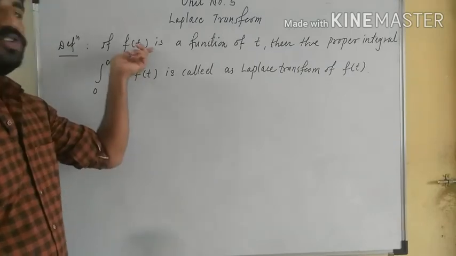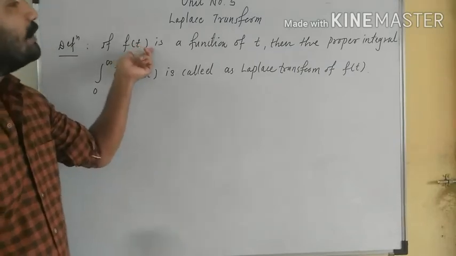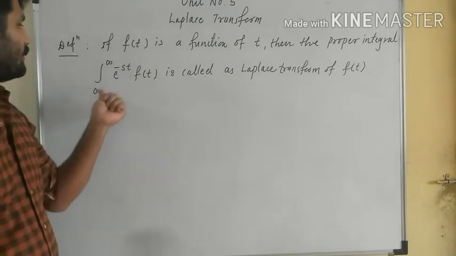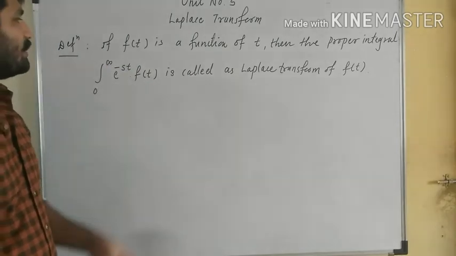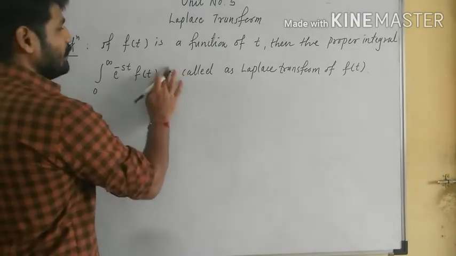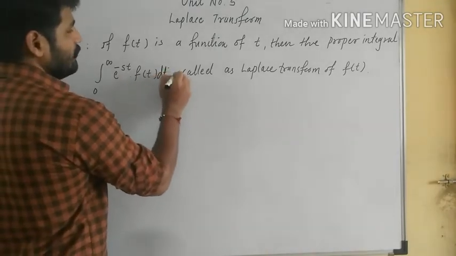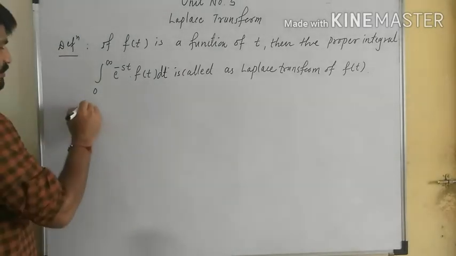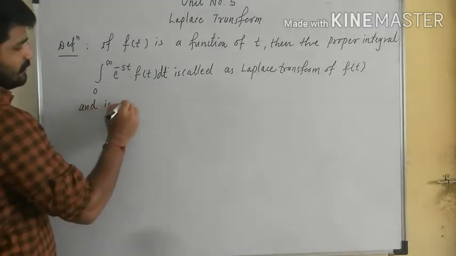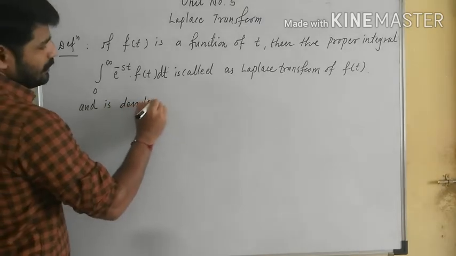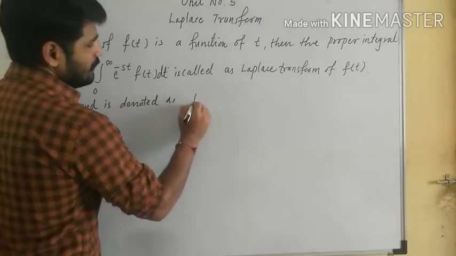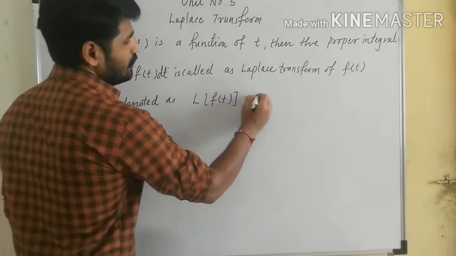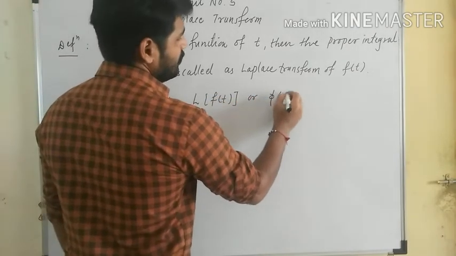f of t is a function of t, the time domain. Then the proper integral from 0 to infinity e raised to minus st into f of t dt is called the Laplace transform and is denoted as Laplace of f of t or phi of s.